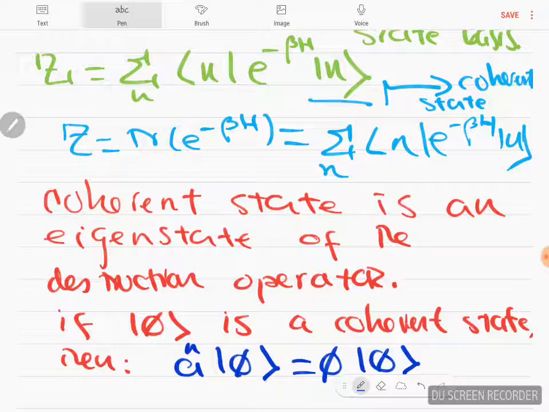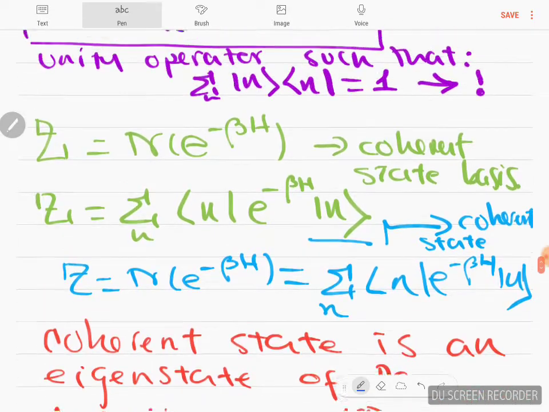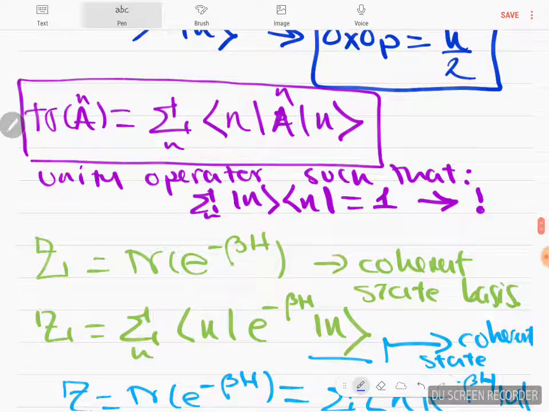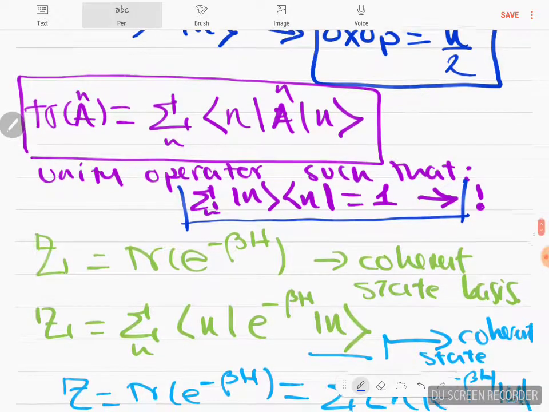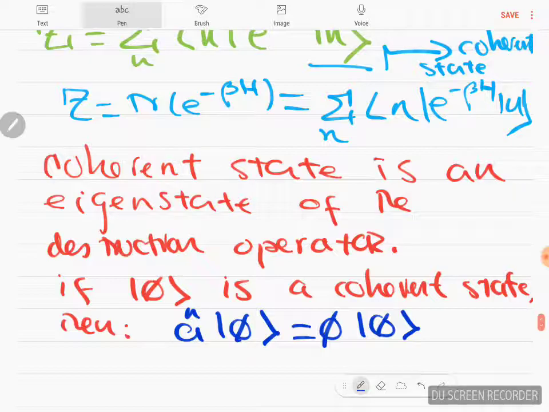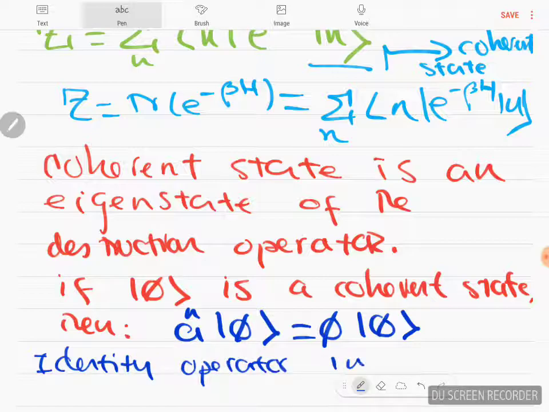And just as when we do the calculation with plain quantum mechanical states, we need the existence of an identity operator. If we do it in coherent states, we need the existence of an identity operator in coherent state basis too.